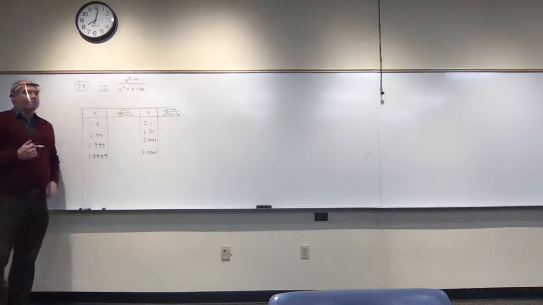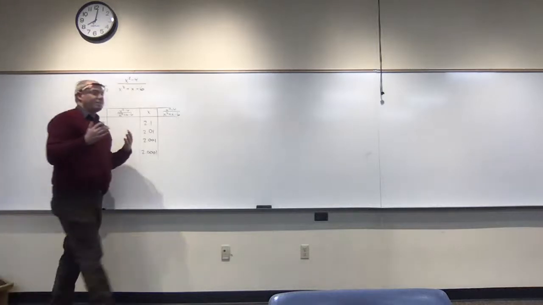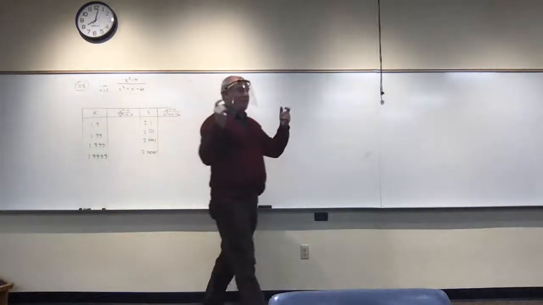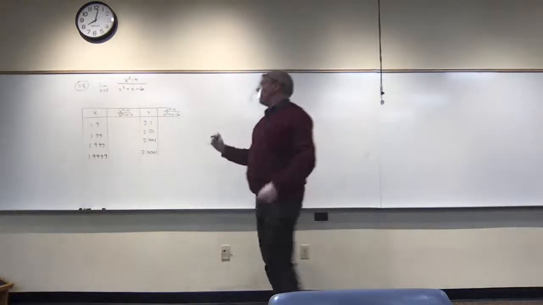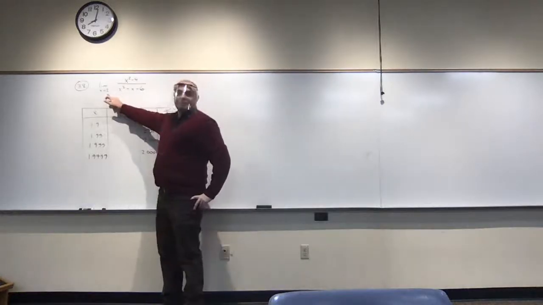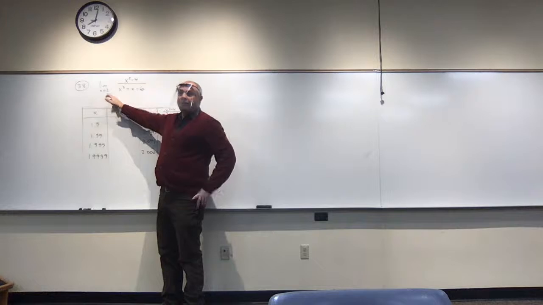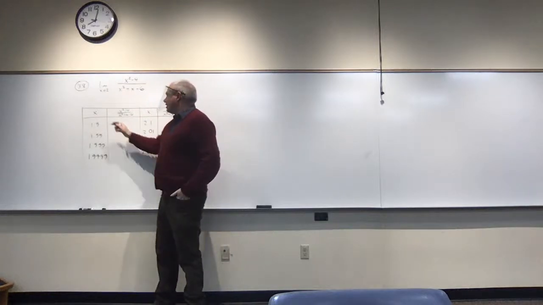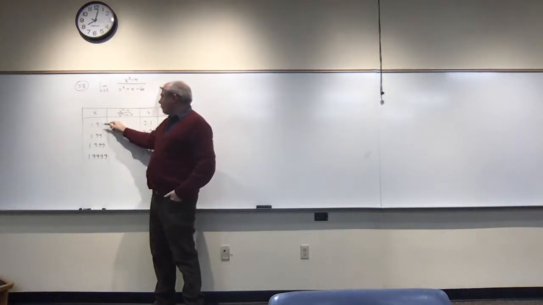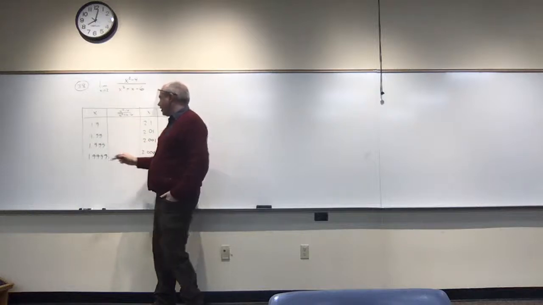And kind of the goal of these problems, right, is the concept of the limit is as I get close to whatever number this is, in this case, the number 2, from both sides. So this is getting closer and closer to 2, 1.9, 1.99, 1.999.